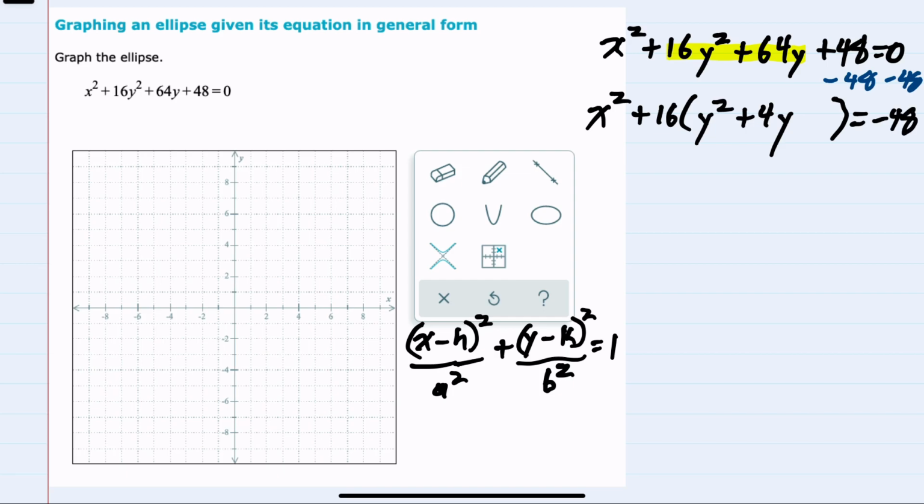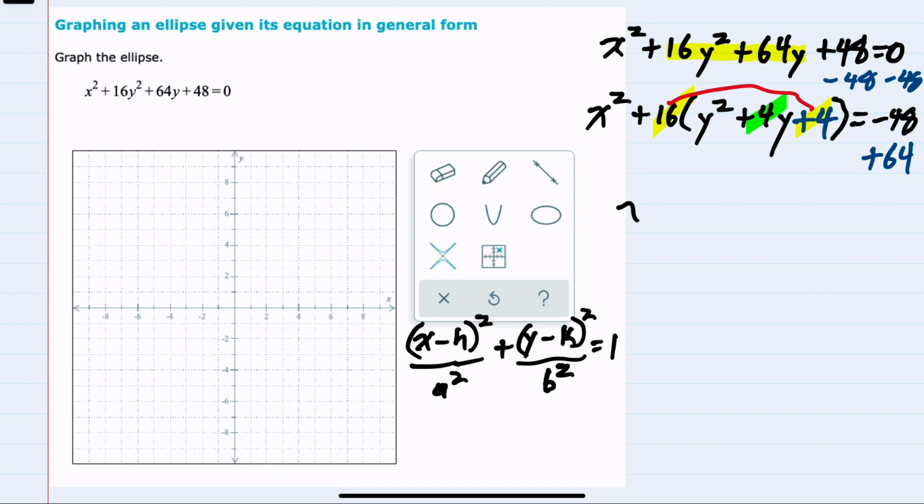From here, I can complete the square inside this parentheses by taking half of the middle term, which is 2, and then squaring it would give me a plus 4. But since I just introduced this plus 4, on the left-hand side, I've actually just added 64 because that 16 would be distributed to that 4. So if I add 64 to the left-hand side, I must also add 64 to the right-hand side.